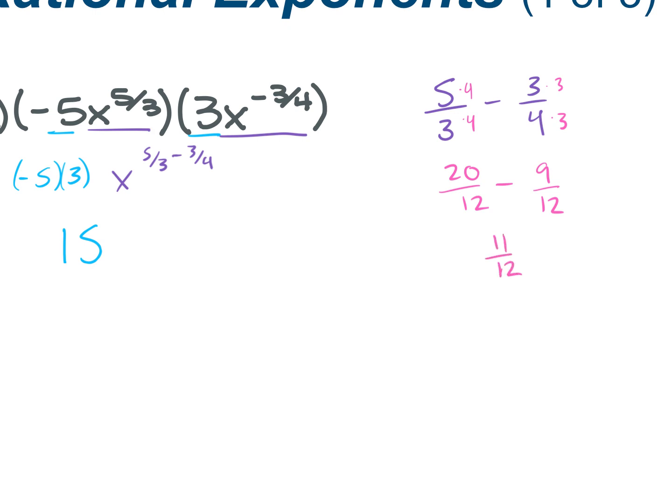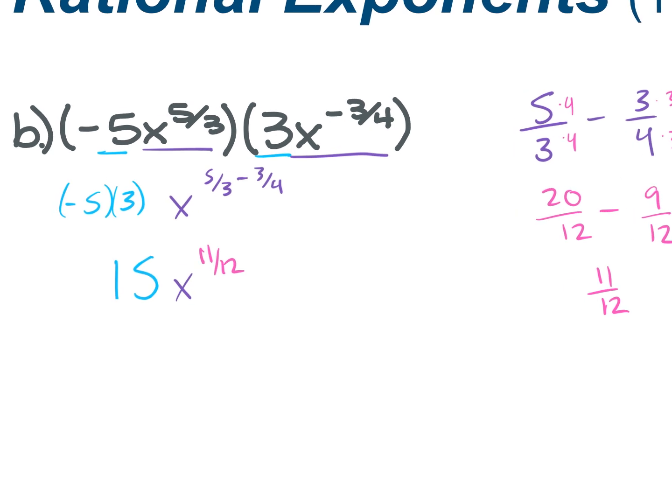So here I have x to the power of 11 over 12. Now, we add the exponents when multiplying, but because it's a negative one that's second, this would be 5 over 3 plus negative 3 over 4.